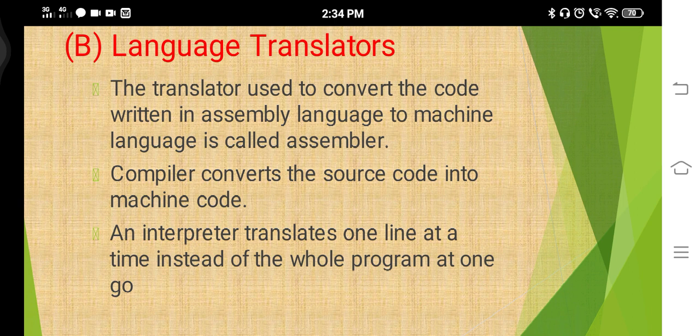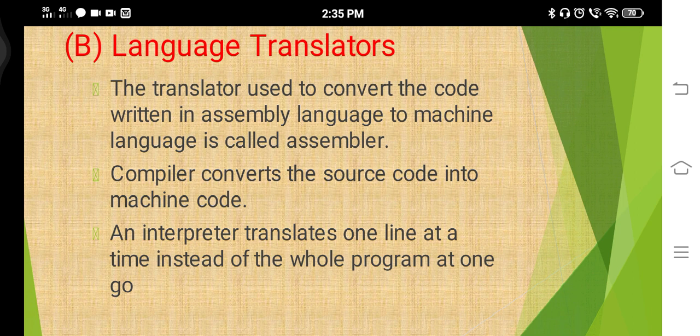It translates the source code into machine code directly. The compiler converts the whole program at one time and checks whether there is any error. The program written in assembly language or high level language is known as source code.